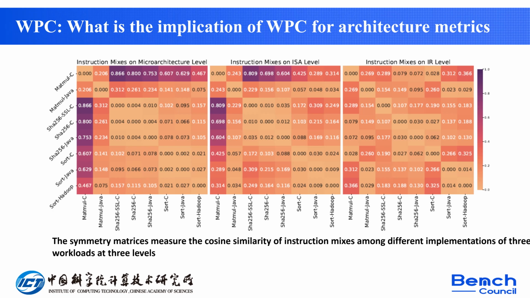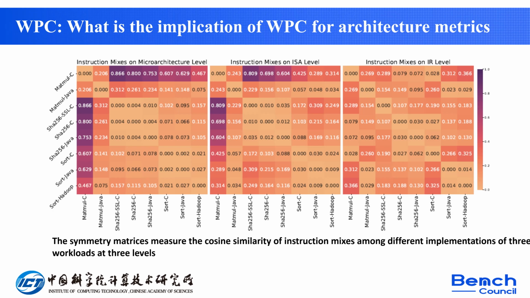Indeed, they are different. Matmul C has lots of floating-point operations, whereas SHA256 C is integer operation intensive.